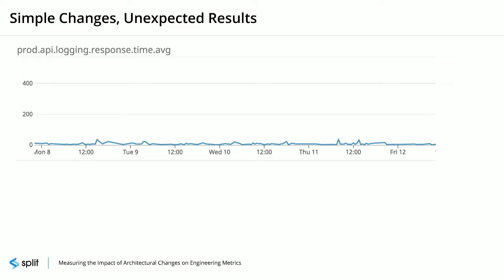So we began the rollout around midday on Wednesday. And as you can see from this chart, there was next to no change in the behavior and nothing that would indicate to us that there would be any concerns in what we were tracking.